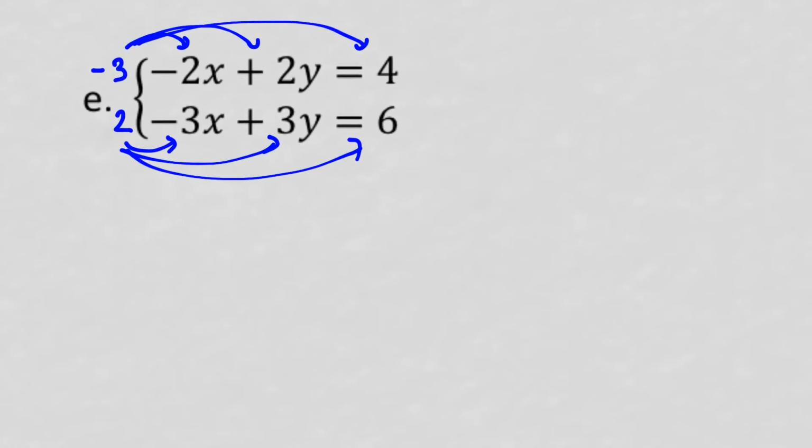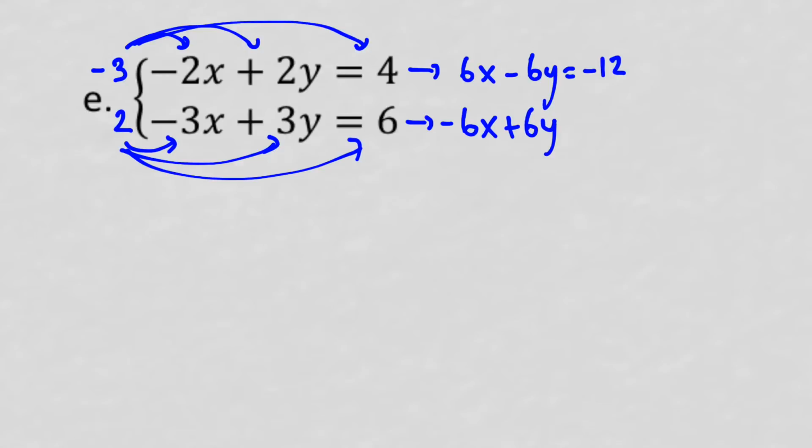For the top one, I'm going to get positive 6x minus 6y equals negative 12. For the other one, I'm going to get negative 6x, because positive times negative is negative, positive 6y, and for the other side, I'm going to get 12.